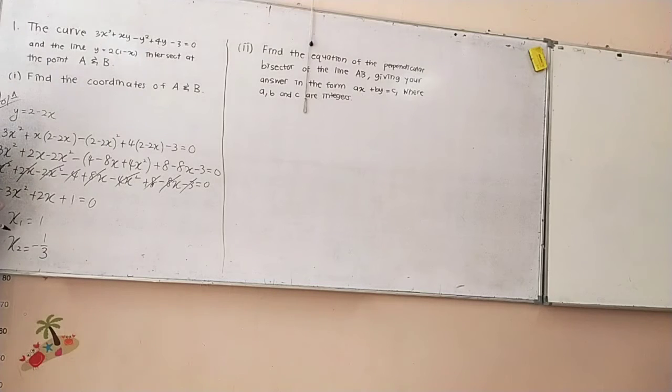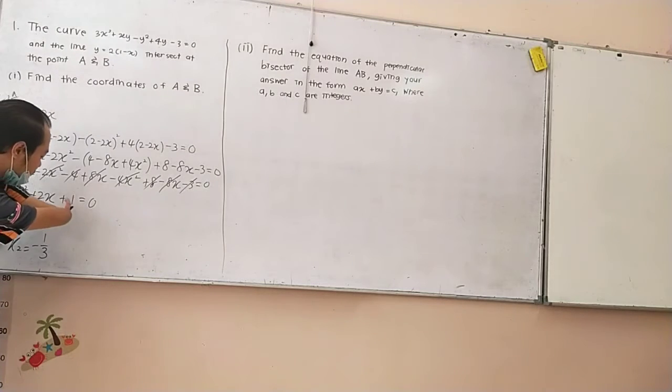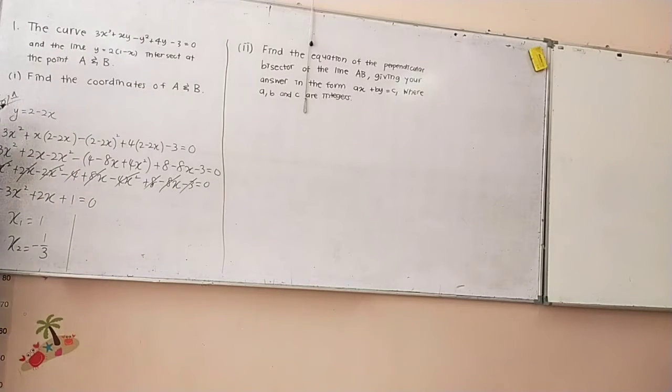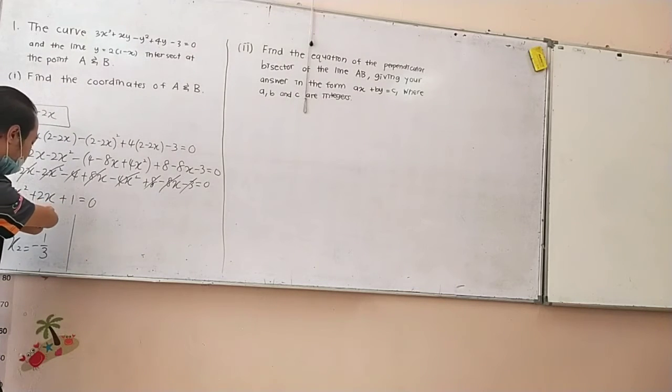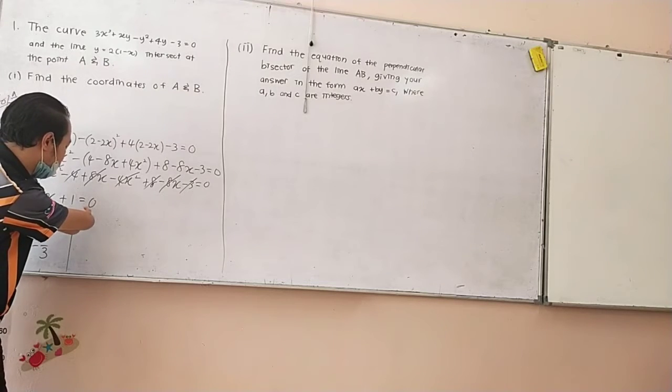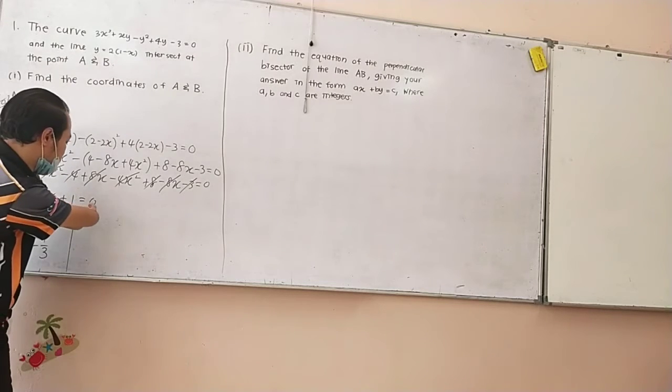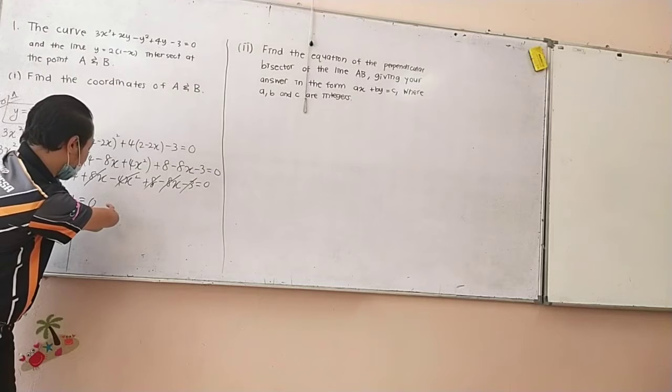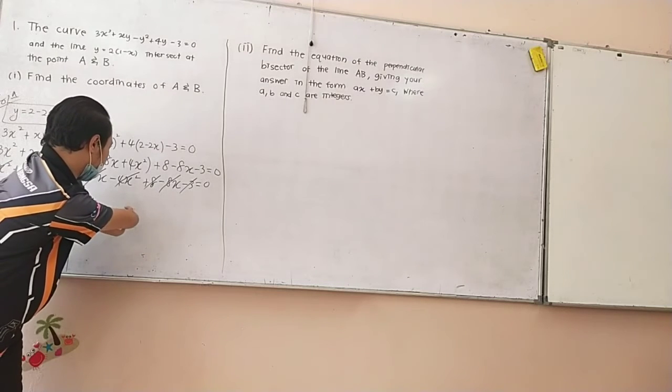And then, how to get the value of y1 and y2? Substitute inside the curve or inside the line equation. Which one is the easy? Line. We substitute inside this straight line equation. So x is equal to 1. For the first one, when x is equal to 1, y is equal to 2 minus 2 multiplied by 1.